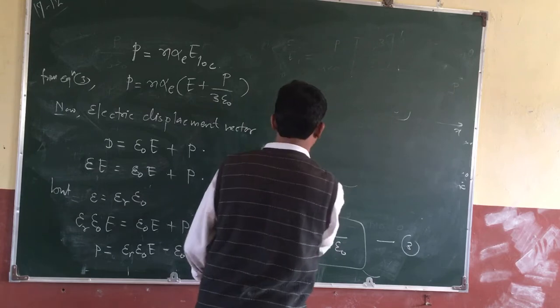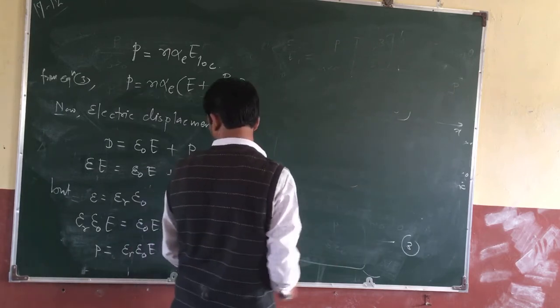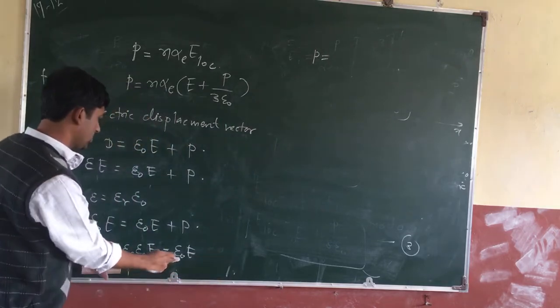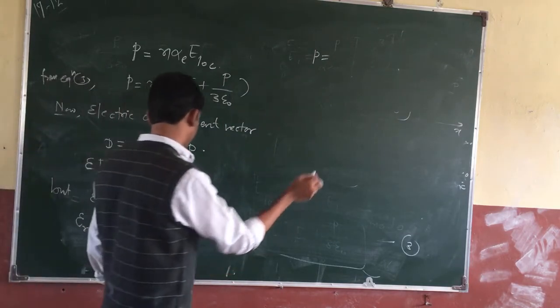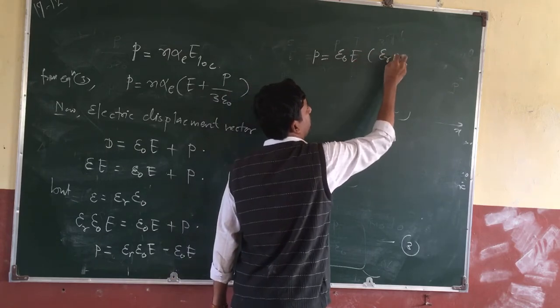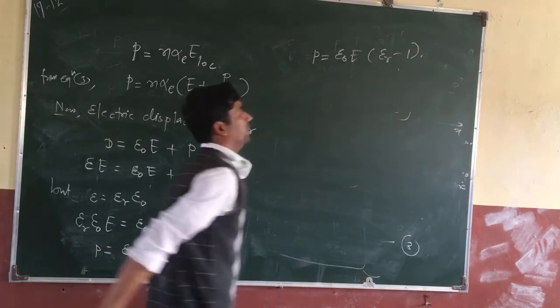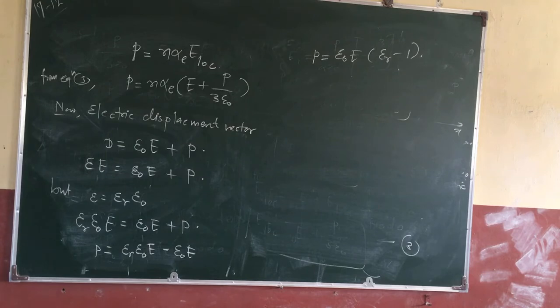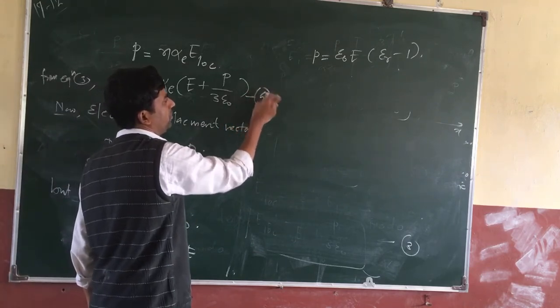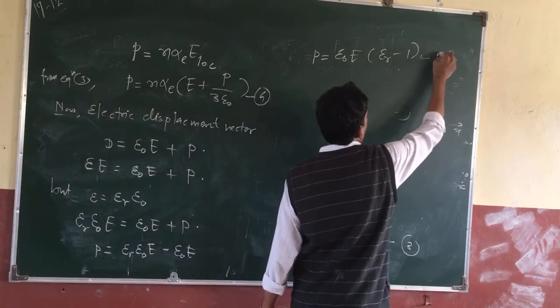So what is the value of P? P is equal to, which quantity is common? Epsilon naught E is common, epsilon naught E times relative permittivity minus 1. Okay, so this is your equation and this is also your equation. So this is equation number 4 and this is your equation number 5.